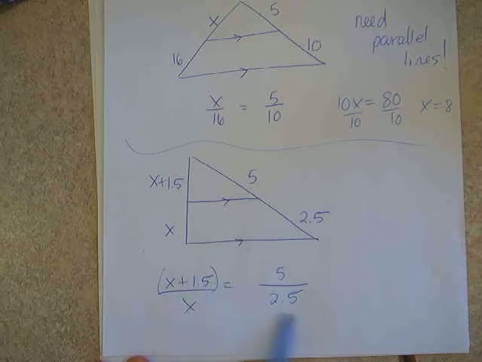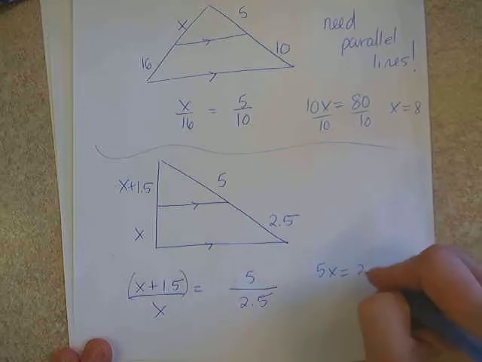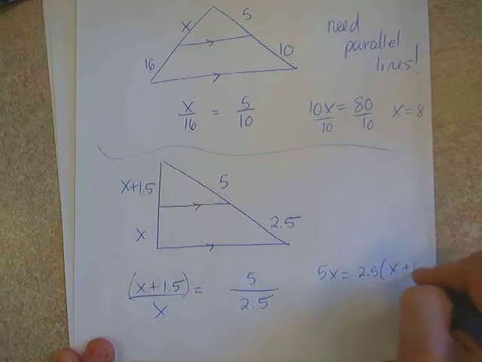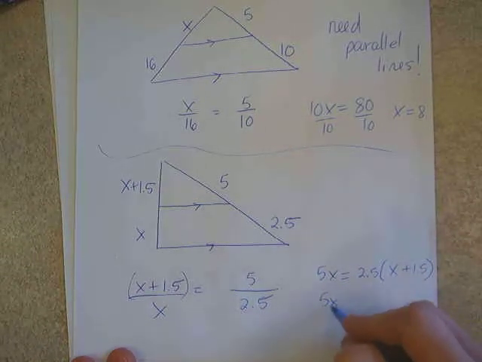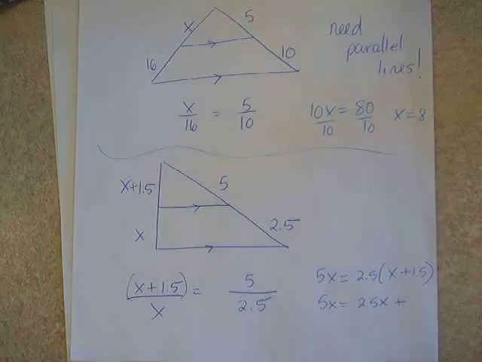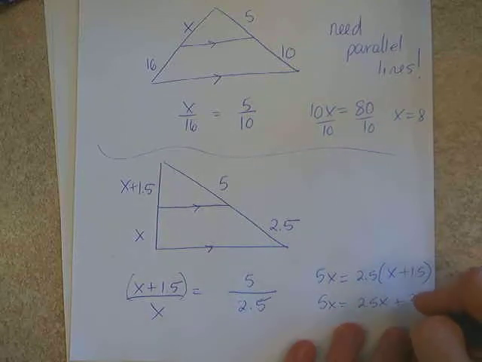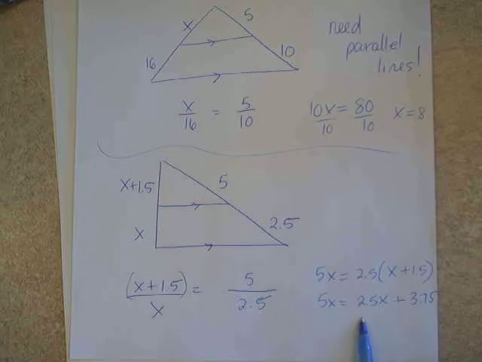And one thing you want to be careful of when you're cross multiplying is with this piece right here, we want to make sure we're distributing, otherwise you're not going to come up with the right result. So we have 5x equals 2.5 times x plus 1.5. 5x equals 2.5x plus 3.75.